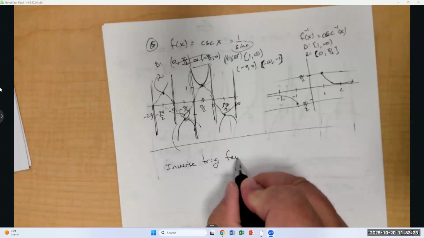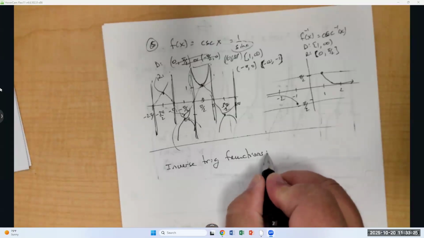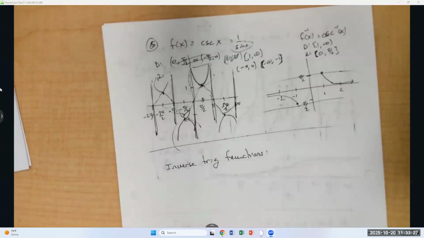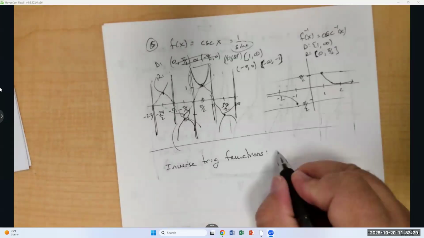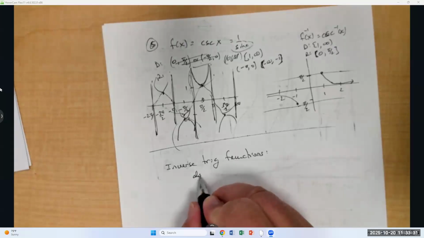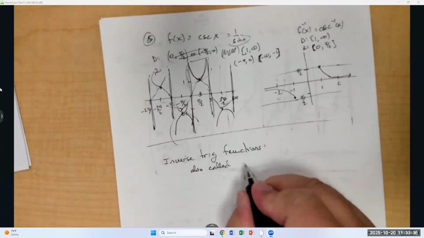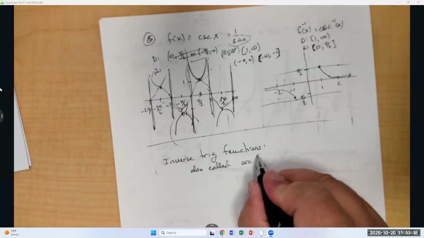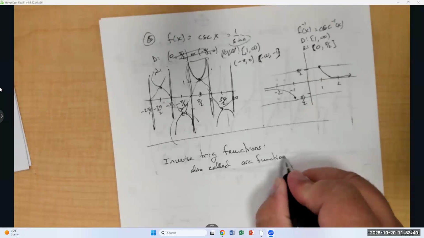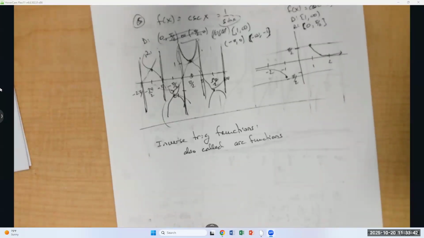Inverse trig functions are also called arc functions. What does that mean?